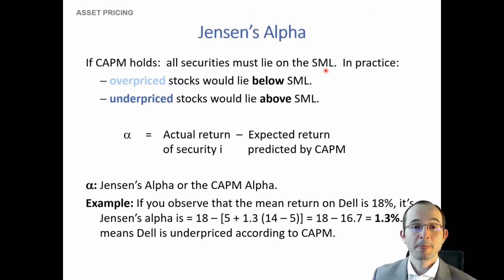But if we actually plot expected returns, or well, realized returns perhaps as a proxy for expected returns, relative to historical betas, we see that there are going to be deviations. There are going to be some stocks that lie above the security market line and some that lie below it.